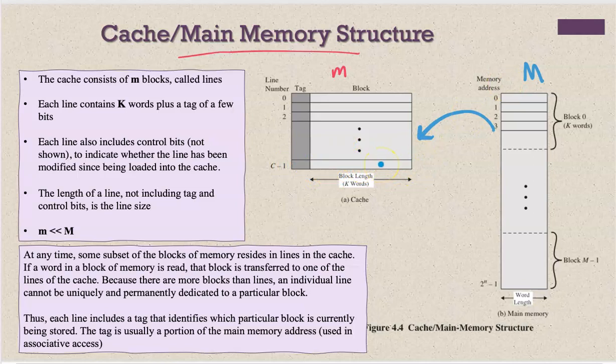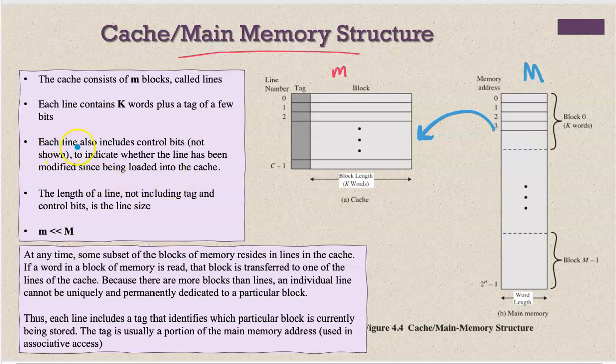So the cache consists of m blocks called lines. The line number goes from 0 up until c minus 1, but we will call the number of blocks m, even though it's c over here. Each line contains k words plus a tag of a few bits. So the block length is the same as the block length of the main memory address.